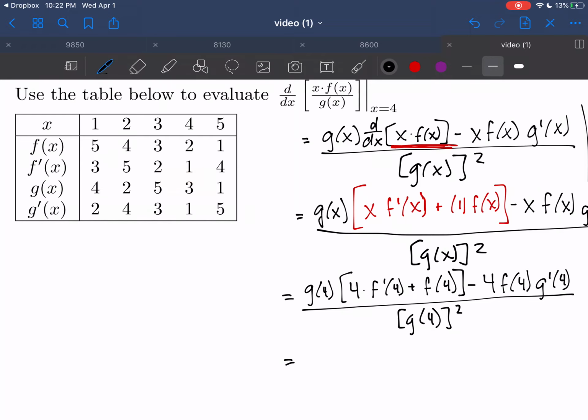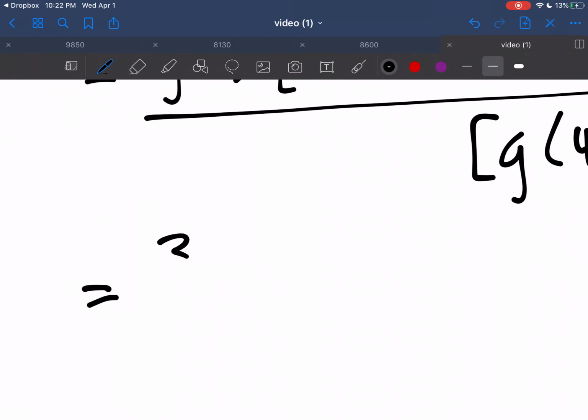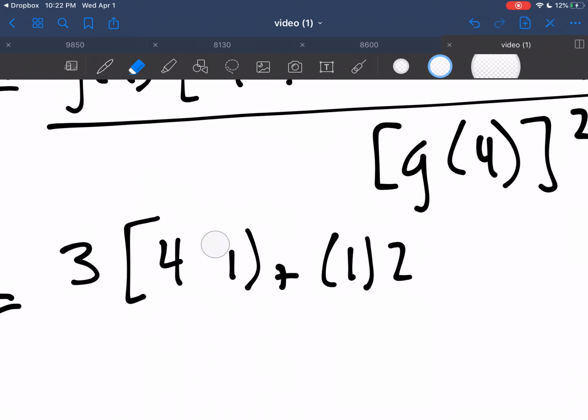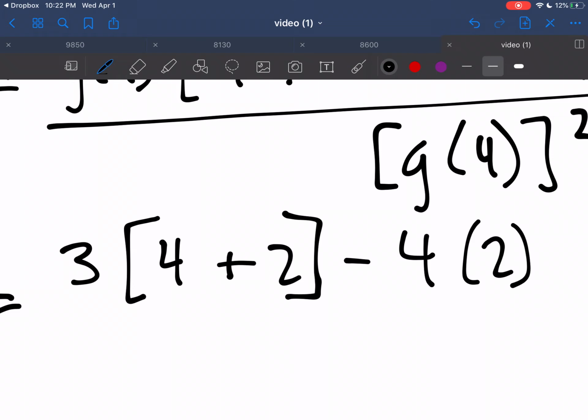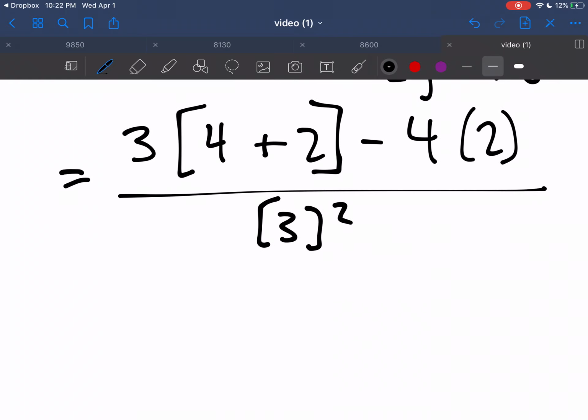Okay, so it becomes 3 times 4 times 1 plus 1 times 2. Again, we don't necessarily have to write the ones. We got 4 plus 2 minus 4 times 2 times 1 divided by 3 squared. All right, if we simplify that, it comes down to 10/9.